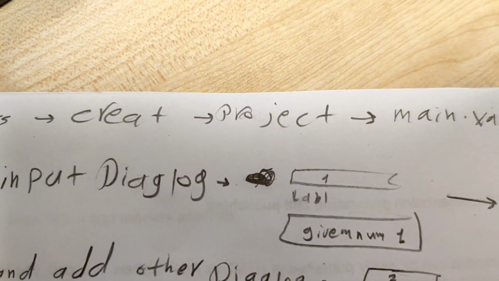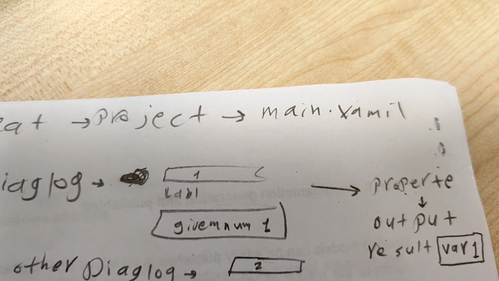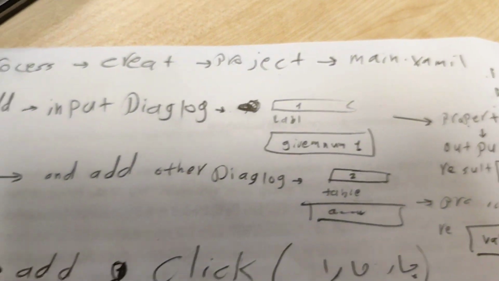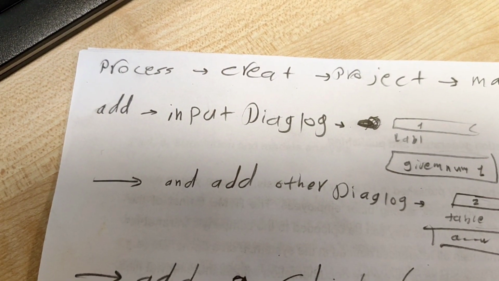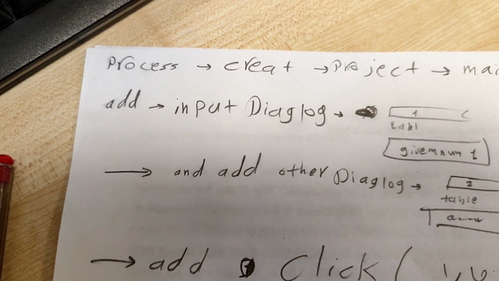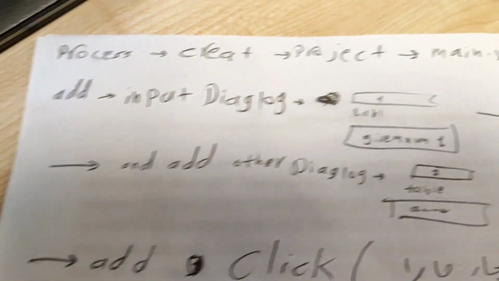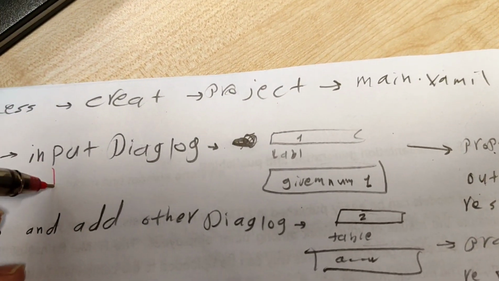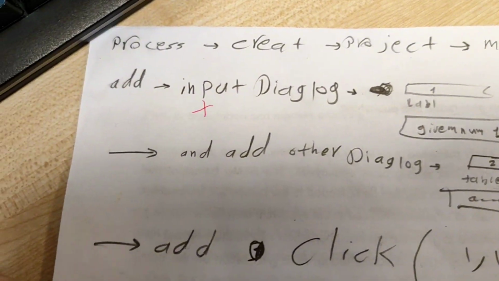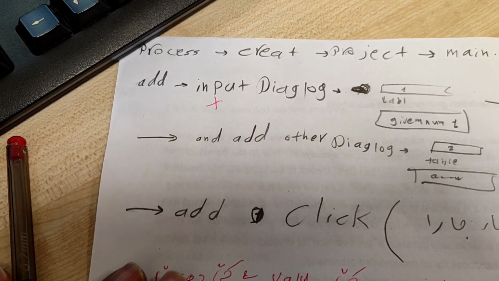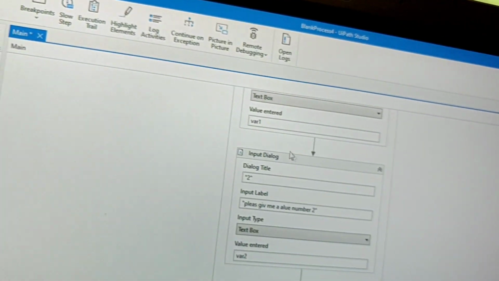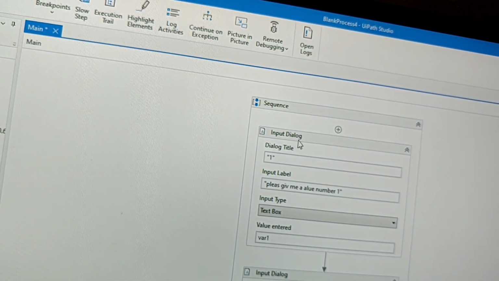Process, create projects, main dot xaml, edit, input dialog. Sorry, don't need back here. Also adjust the input dialog.